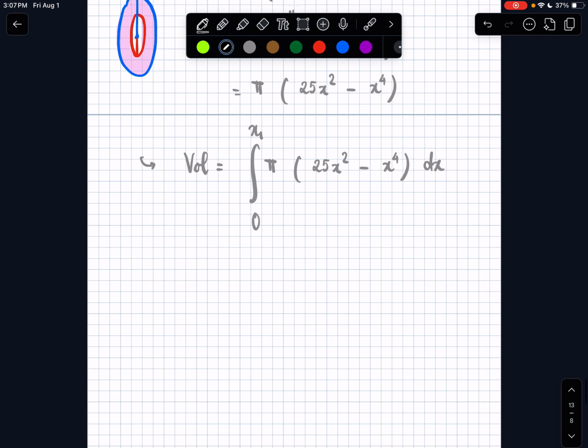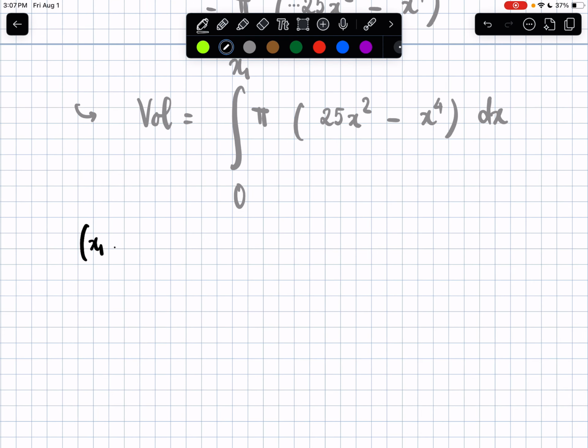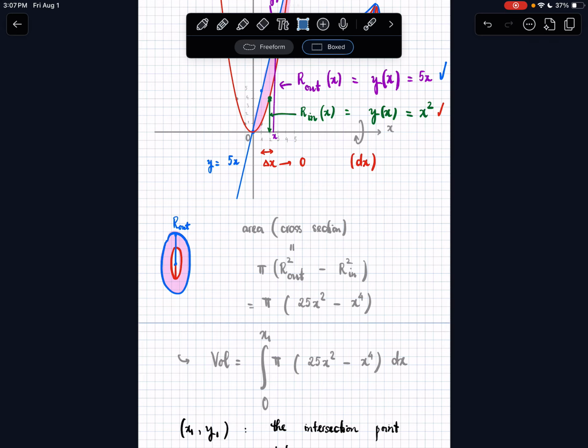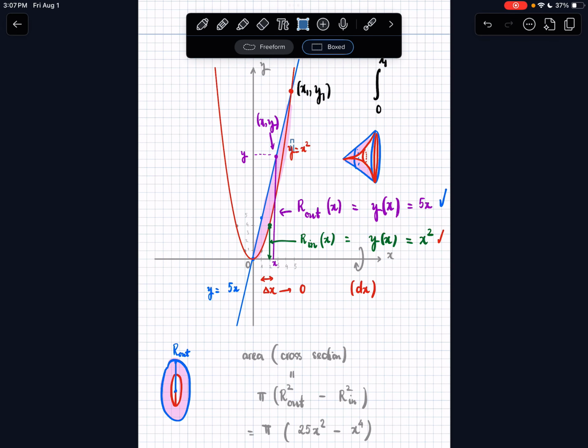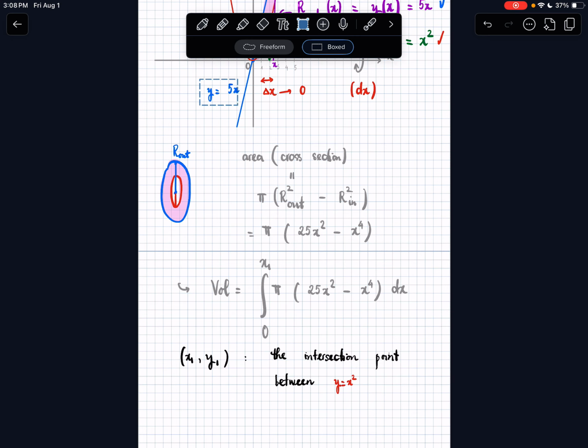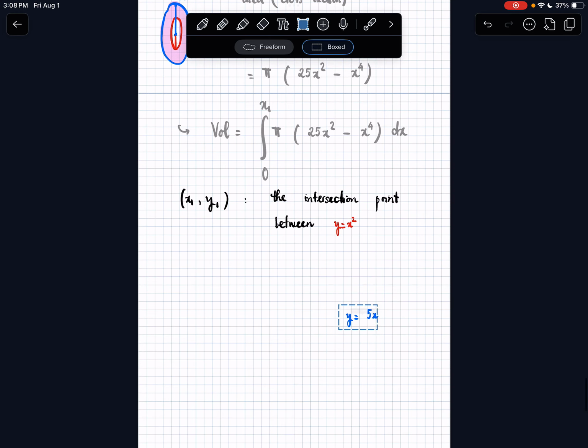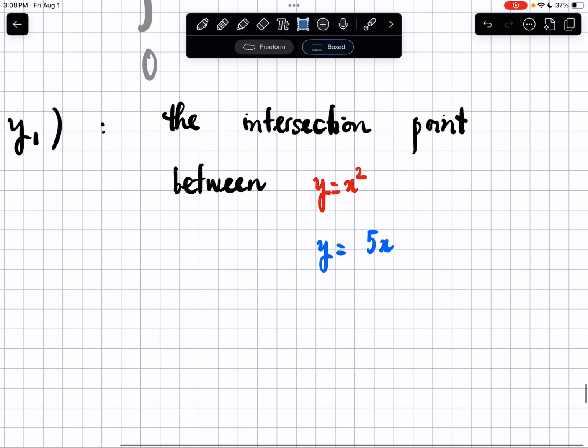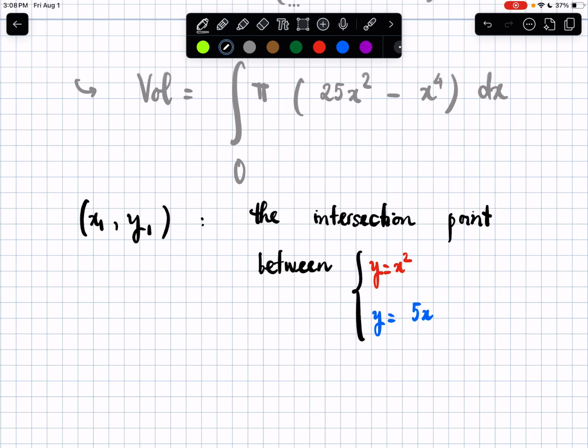So x1, y1, the intersection point between the red and the blue curves, between y equals x squared and the blue curve y equals 5x. We know one intersection point is (0, 0), the origin, and x1, y1 is the one different from the origin.